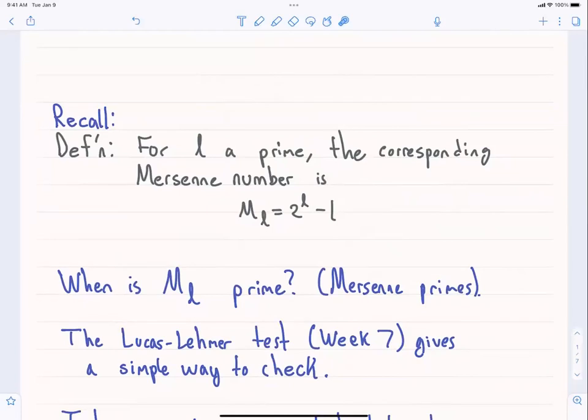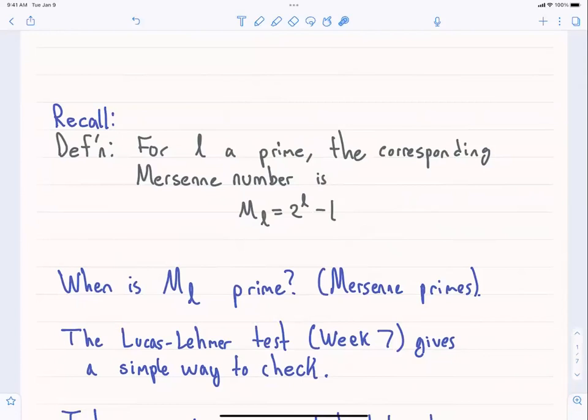If you go back to week 7, we talked about this a little bit. This was related to perfect numbers. And we talked about the Lucas-Lehmer test, which gives us a simple way to check when M_L is prime. In particular, the largest prime numbers we know are found by Mersenne primes using the Lucas-Lehmer test.